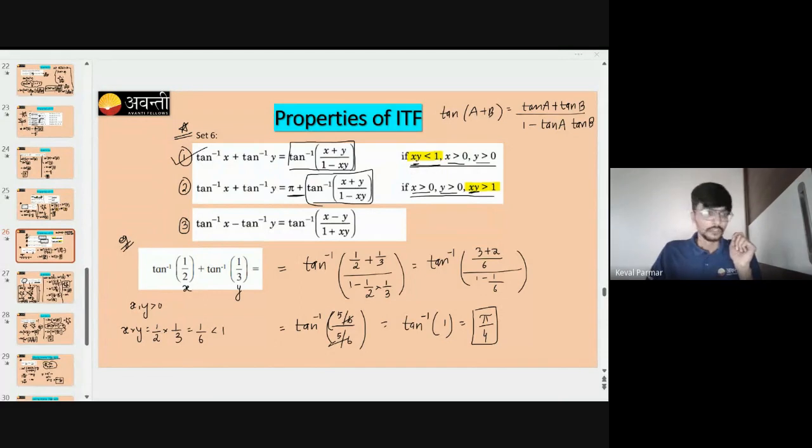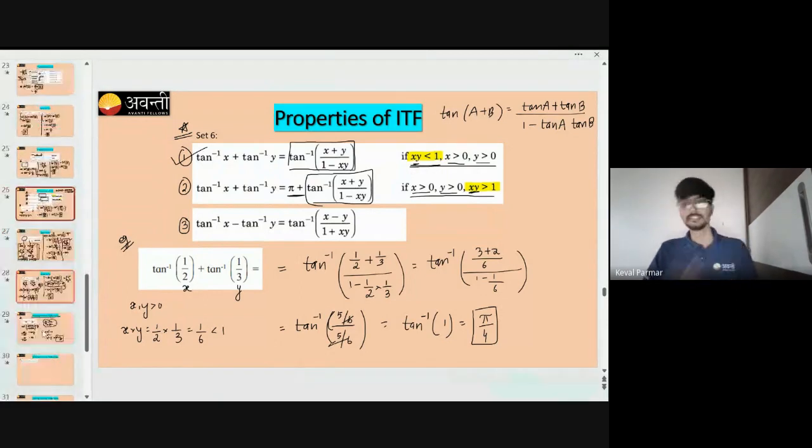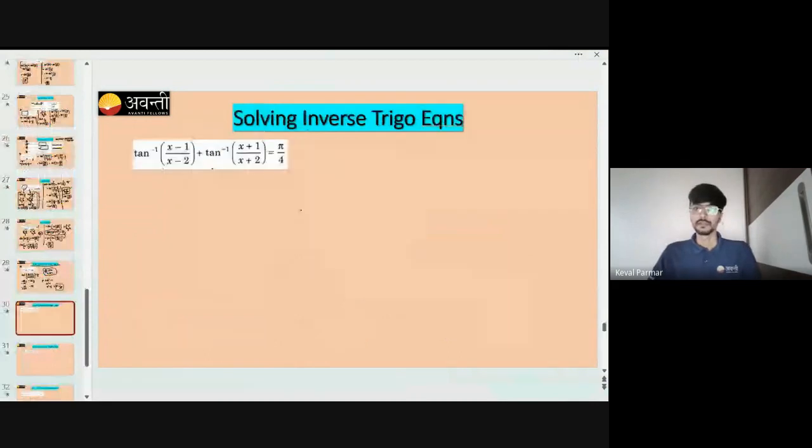So if I see the next question, it is this one. Again, what formula do you see? tan inverse of x plus tan inverse of y. So this is x, this is y. As I told you, if there is no information on the product, we can by default use the first formula.